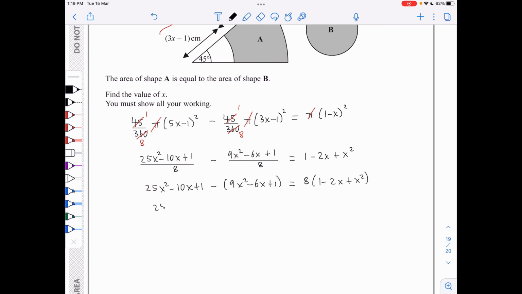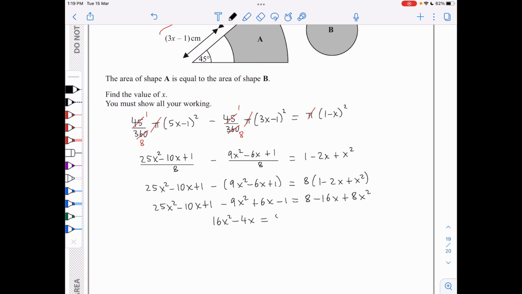It's time to do further simplifications here. So I open up the brackets, leading to this, and then I will collect everything on one side eventually. So let me see, on the left hand side I've got 16x squared minus 4x.